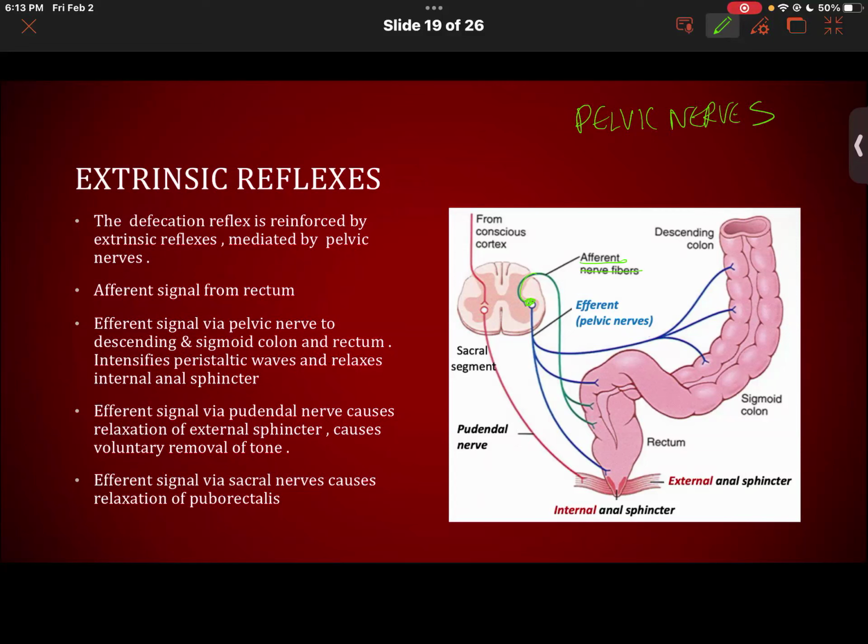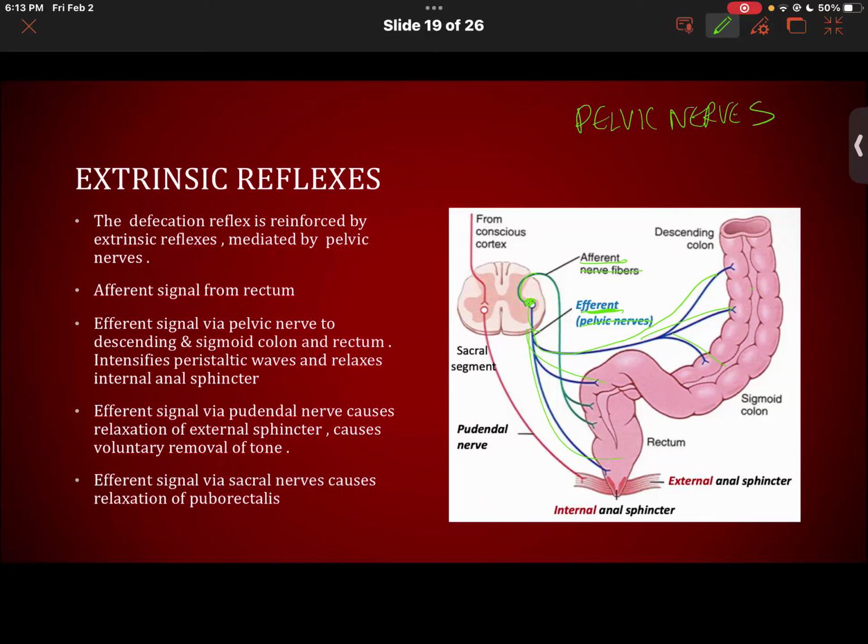Then we're going to have an efferent signal with an E, via the pelvic nerves to the descending colon, sigmoid colon, and rectum. So the blue one over here, going here, here, here, and here, and it basically causes contraction and relaxes the internal anal sphincter.